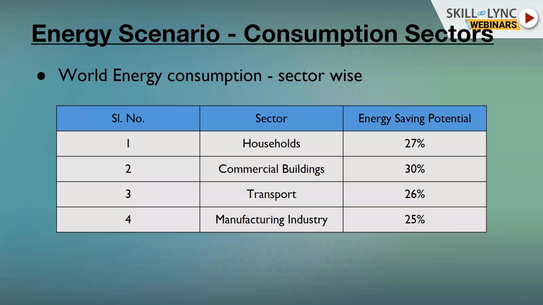For these purposes, 27% of the energy is utilized. The next one is commercial buildings, meaning shops, malls, and the day-to-day running shops, which come under commercial buildings.